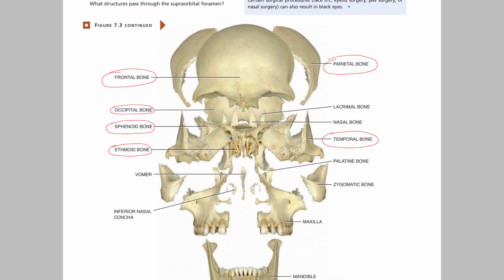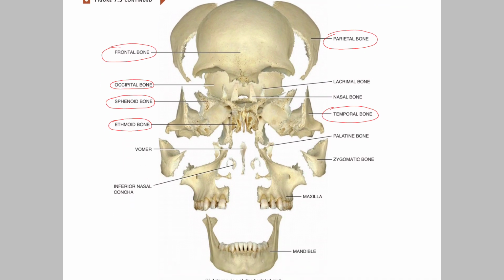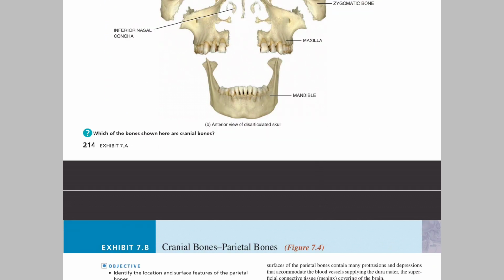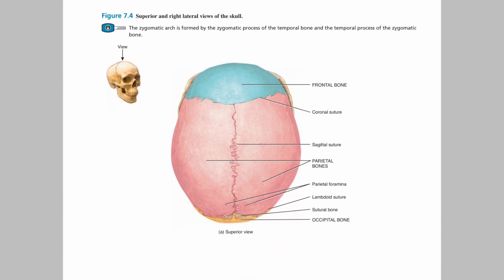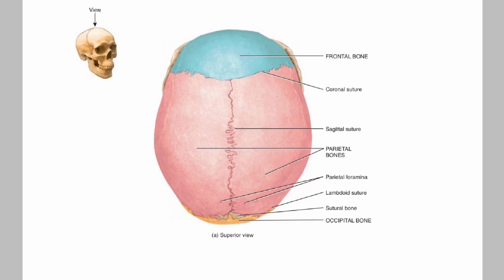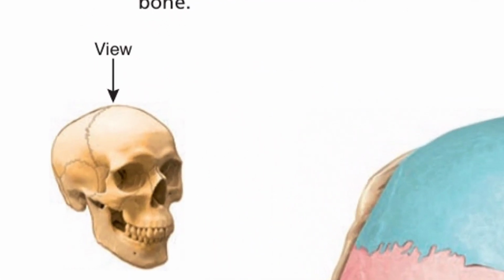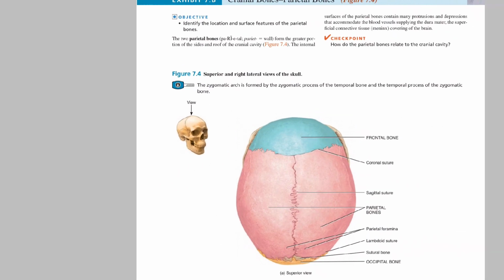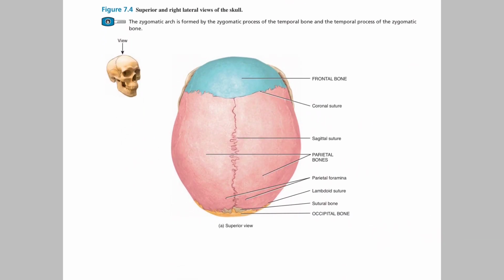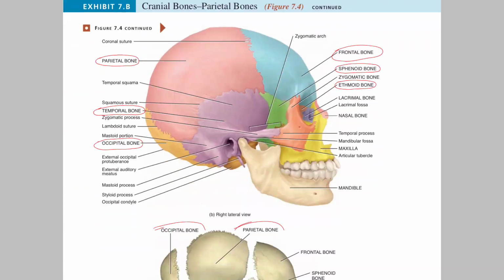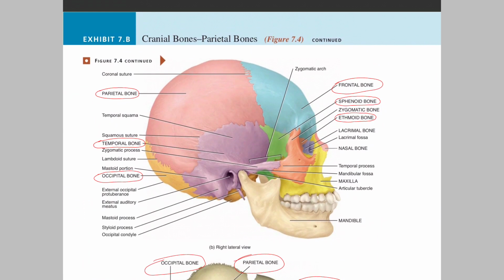Now all the bones are flying. Then the sutures, all the sutures. And how we are viewing: if we are viewing from this direction, from the top, these are the sutures. Parietal bone.